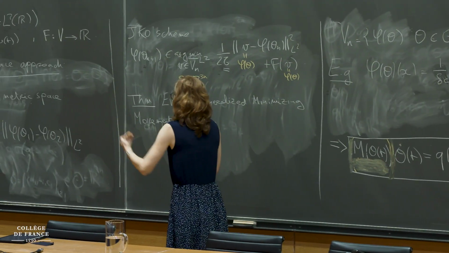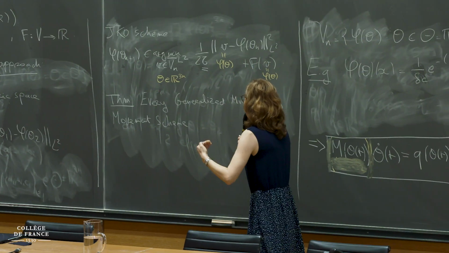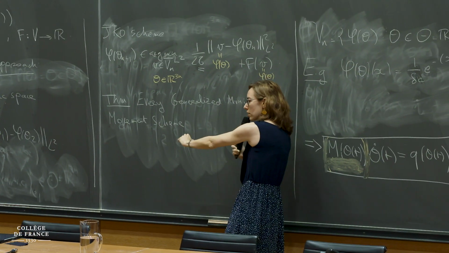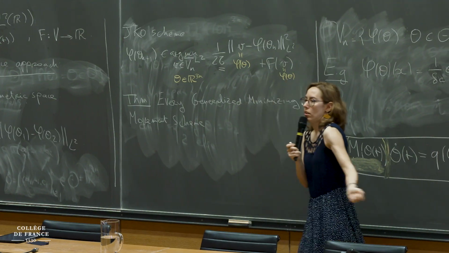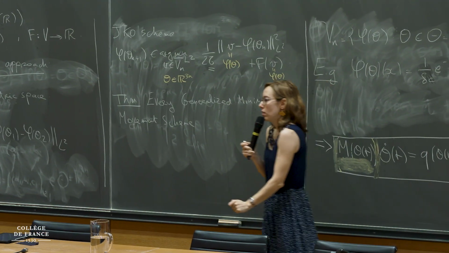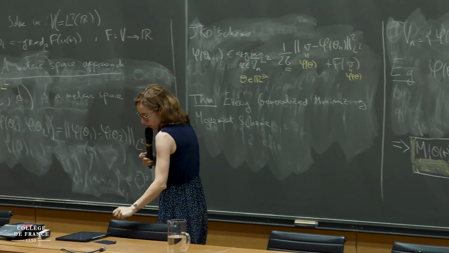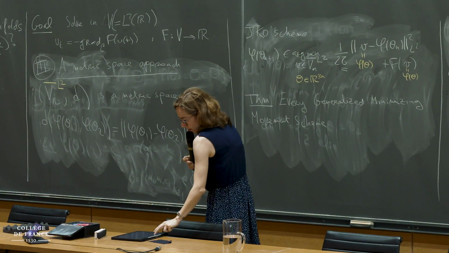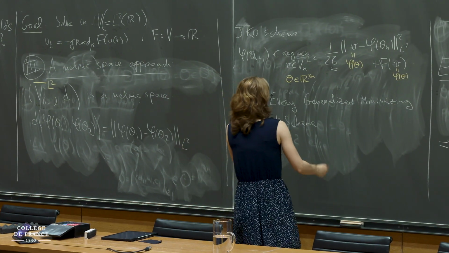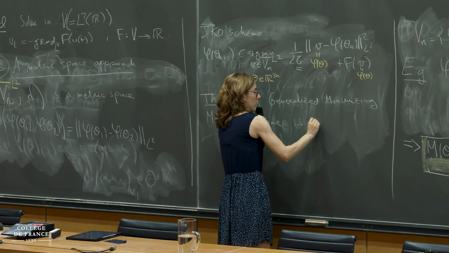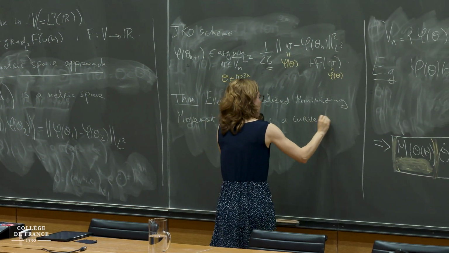All of these discretizations are called generalized minimizing movement schemes, and they have a meaning when tau is taken to 0. They are a curve of maximal slope.